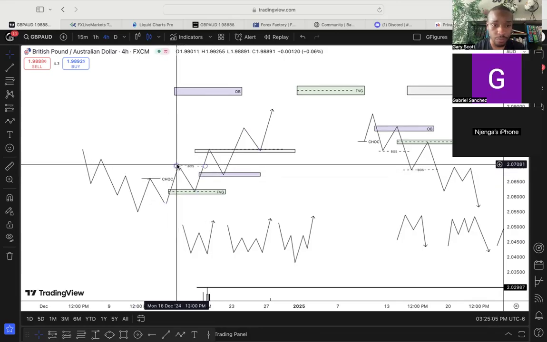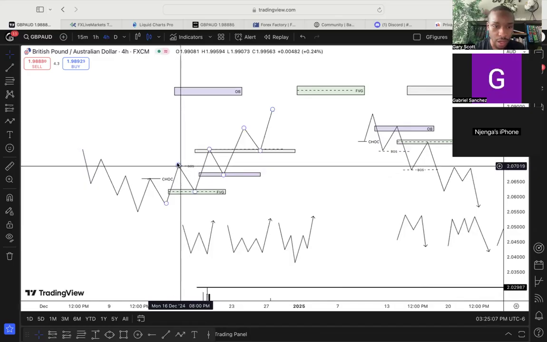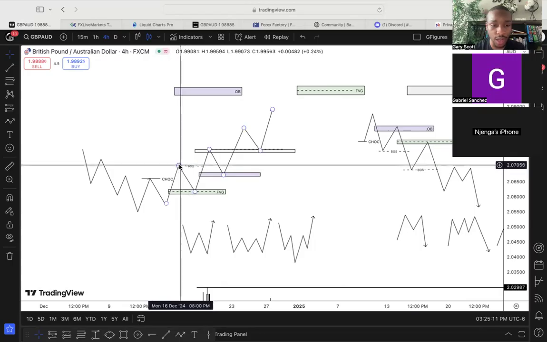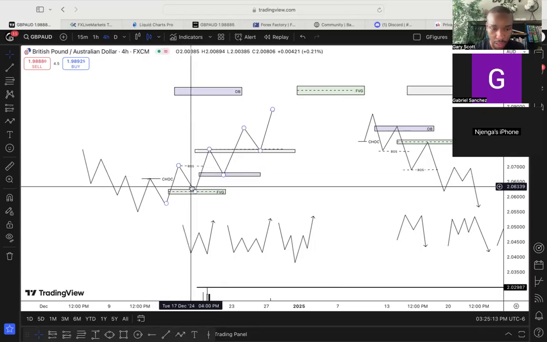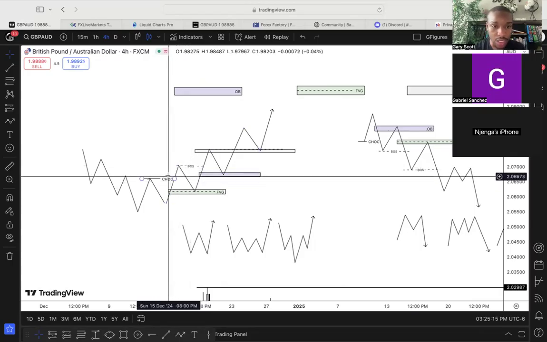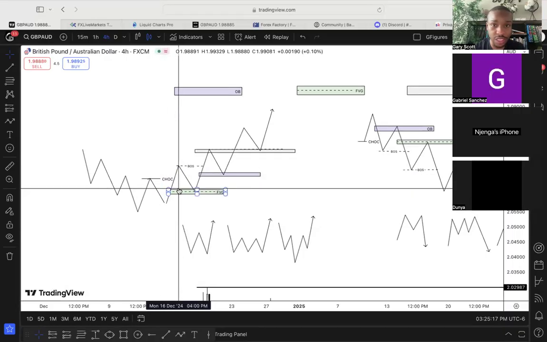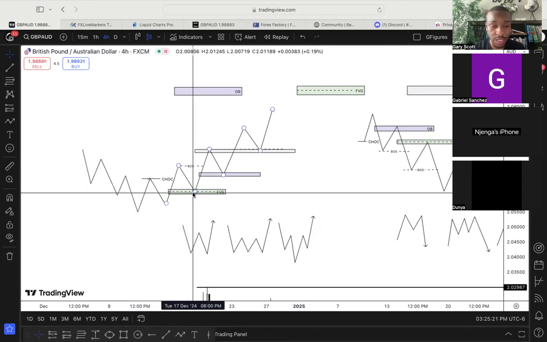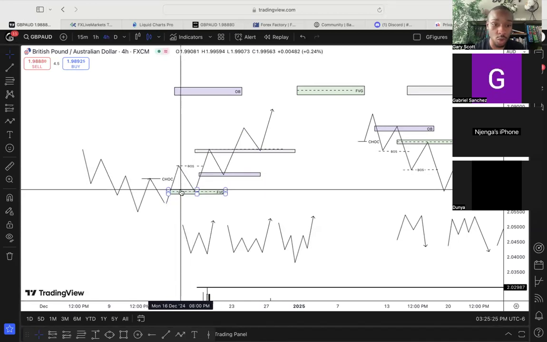So now you have your new higher high. When price creates a new high and it's deciding to pull back, it's looking to retest the deepest last fair value gap or the deepest last order block before it actually breaks structure.